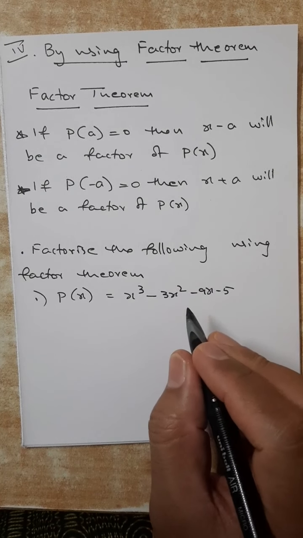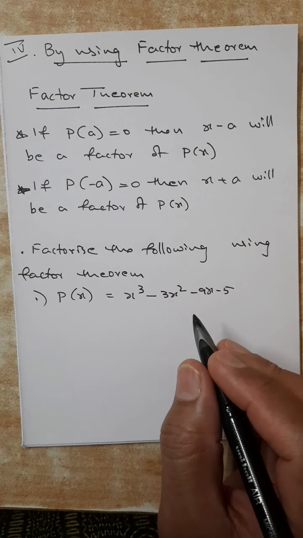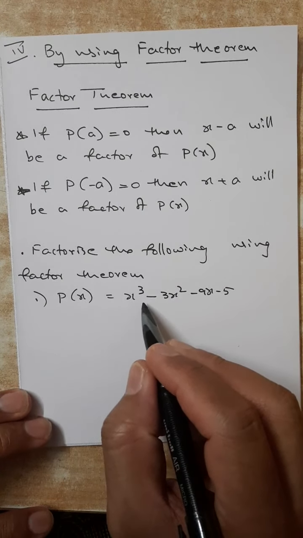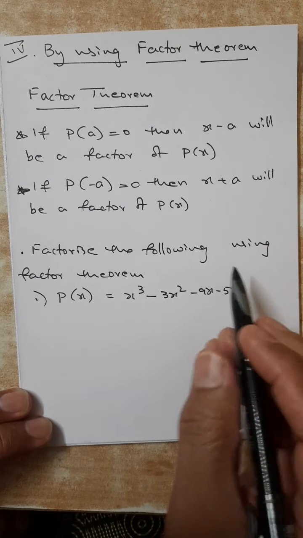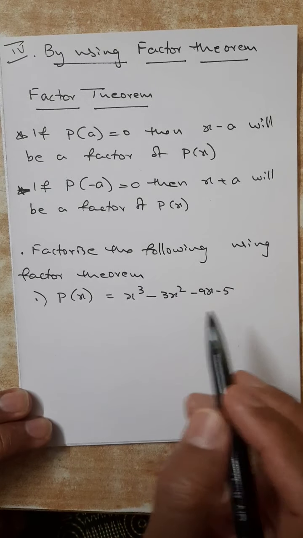This is an NCERT question, exercise 2.4, question number 5, second part. The polynomial given is x cube minus 3x square minus 9x minus 5, and it is written to use factor theorem. Suppose nothing is written, and the question is just factorize.